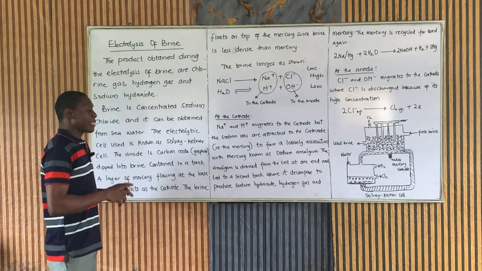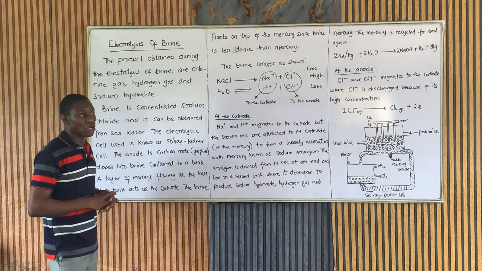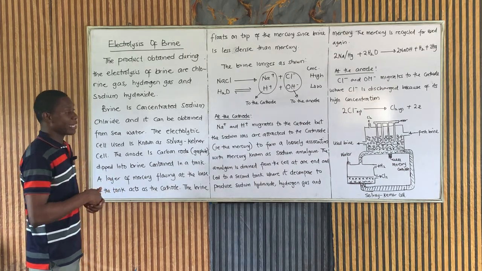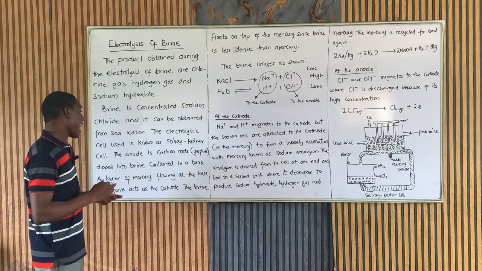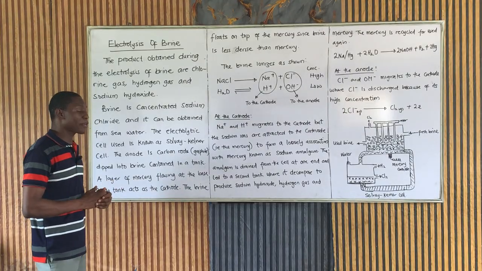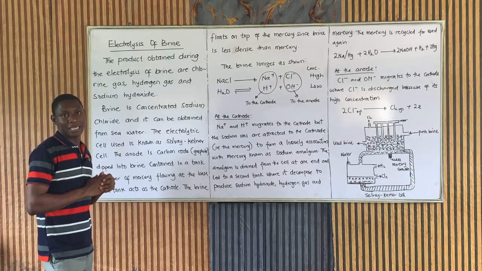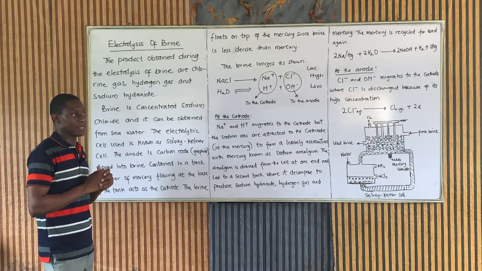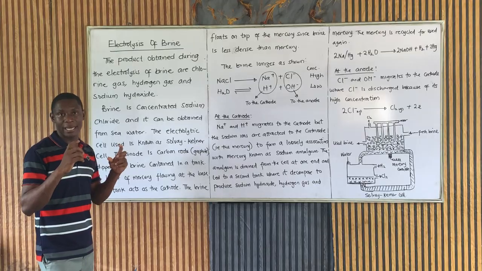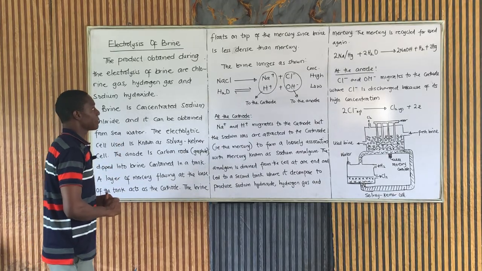Now, the anode here is carbon rods dipped into the brine, and the cathode is mercury, which flows at the base due to its density. It has a greater density than brine, so it flows at the base.